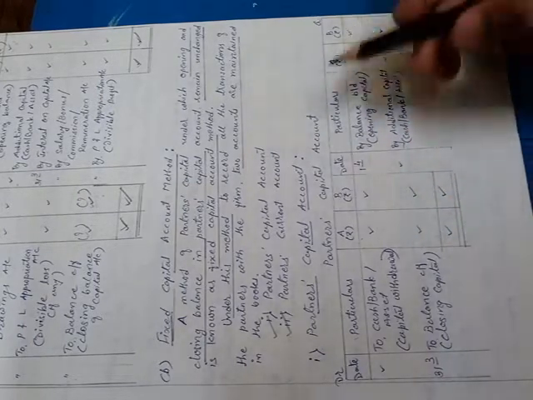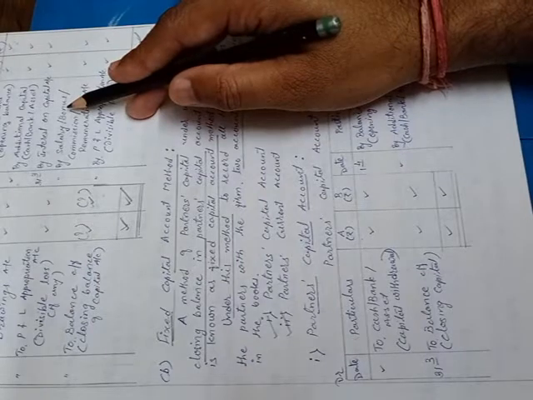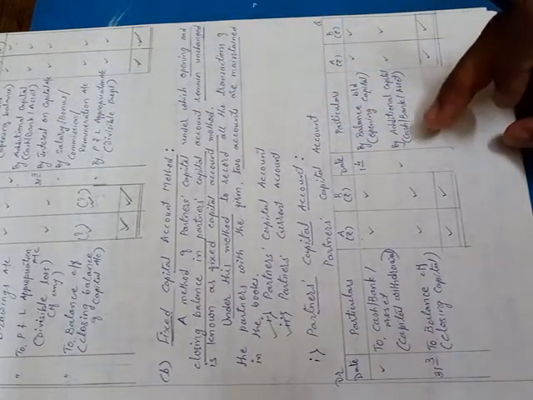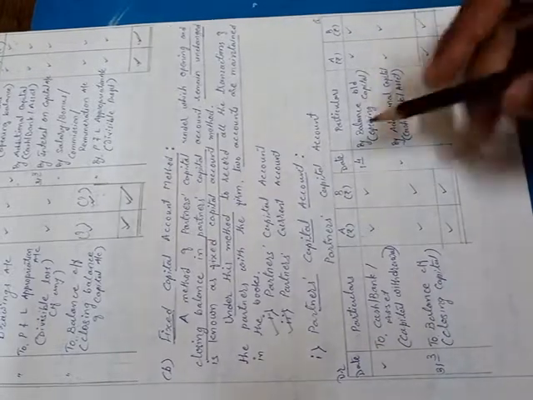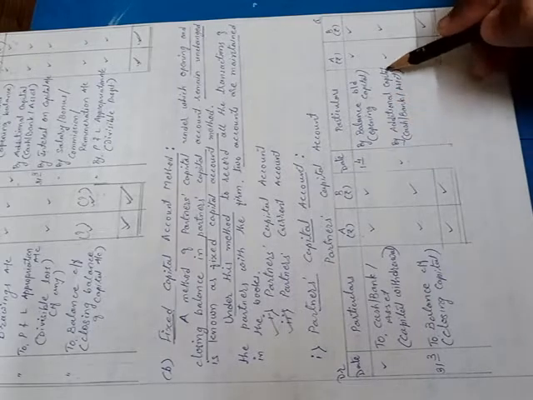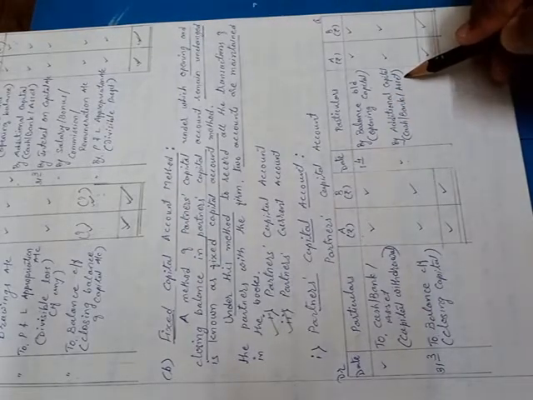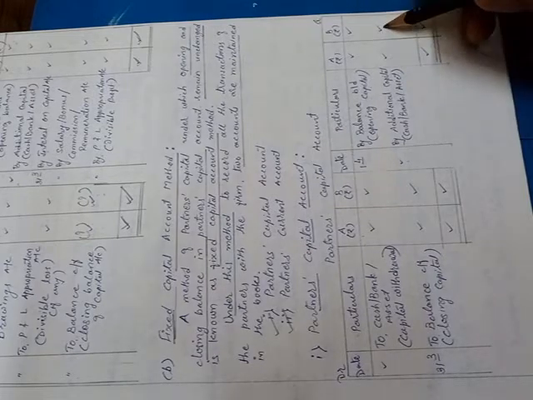So that transaction is recorded in the capital account on the credit side, as we learned in the previous method, on the date on which it is brought in by the partner, by cash account or bank account or asset account, whatever it is brought in by the partner, and the amount.